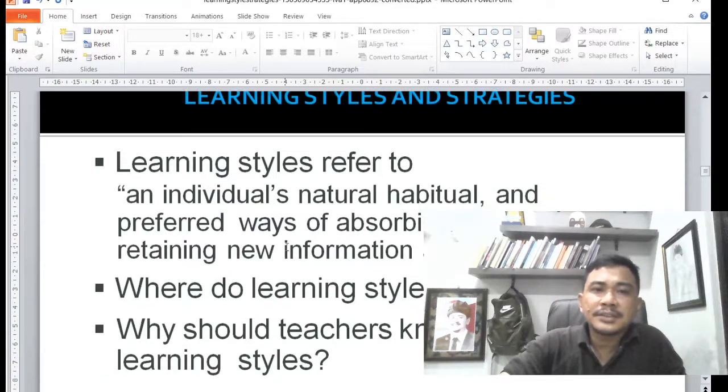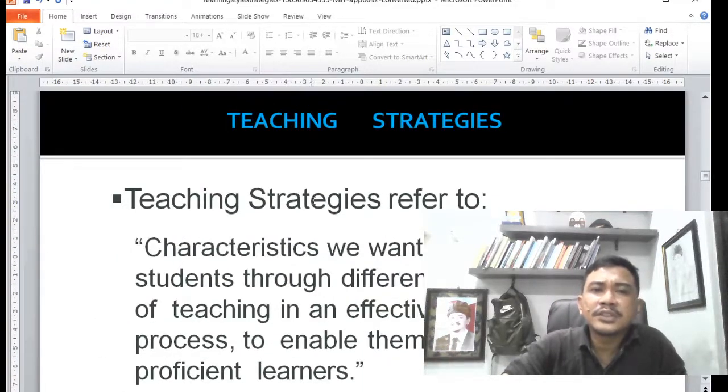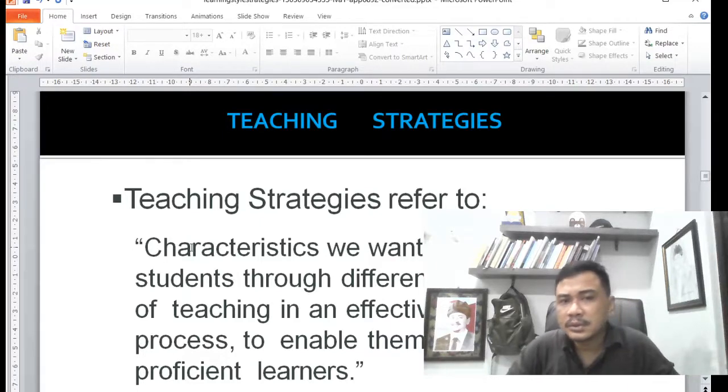Next, teaching strategies refer to characteristics we want to stimulate in students through different methodologies of teaching in an effective learning process to enable them to become more proficient learners. So teaching strategies is a particular method, or a combination of methodologies of teaching, in an effective learning process.